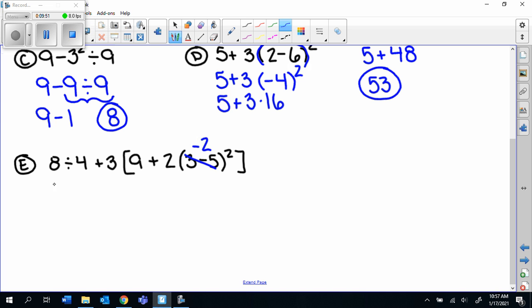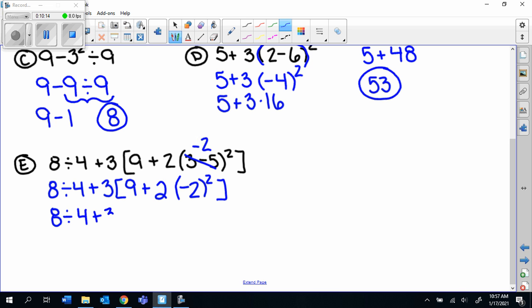And so you can work this out and write out quite a lot of steps, if we want to write it one step at a time. So that 2 is this 2 times negative 2 squared. Negative 2 squared is 4.